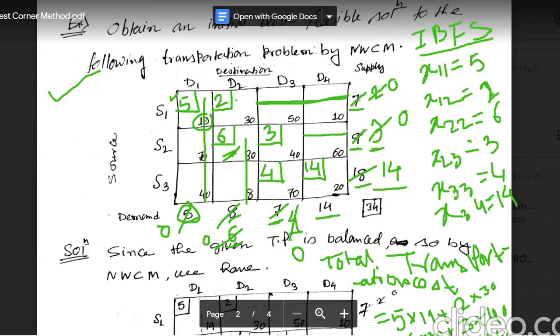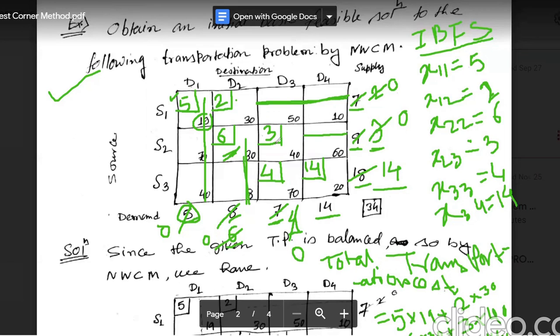Out of 6 and 9, which one is less? 6 is less, so you allocate 6 here. How much is left for source S2? 9 minus 6, that is 3. And the total demand for destination D2 has been fulfilled, so you cancel out that column. Then you move to the next cell.